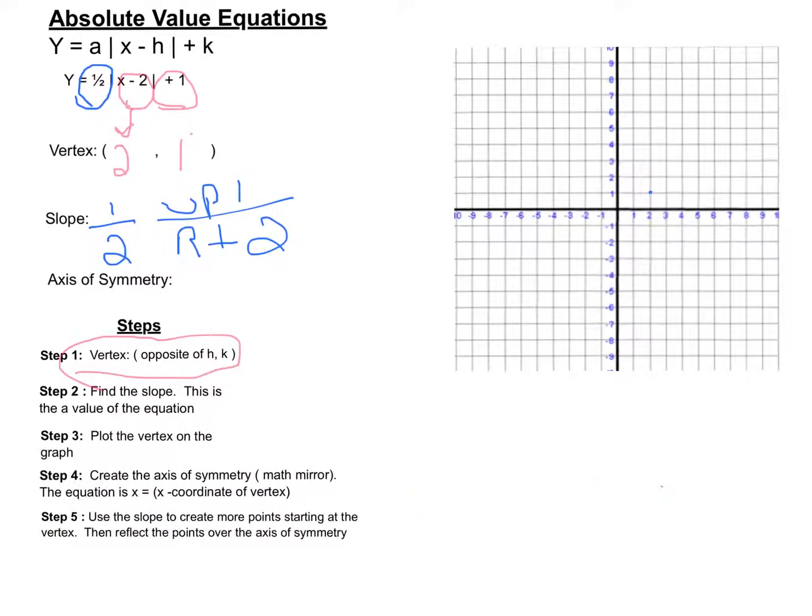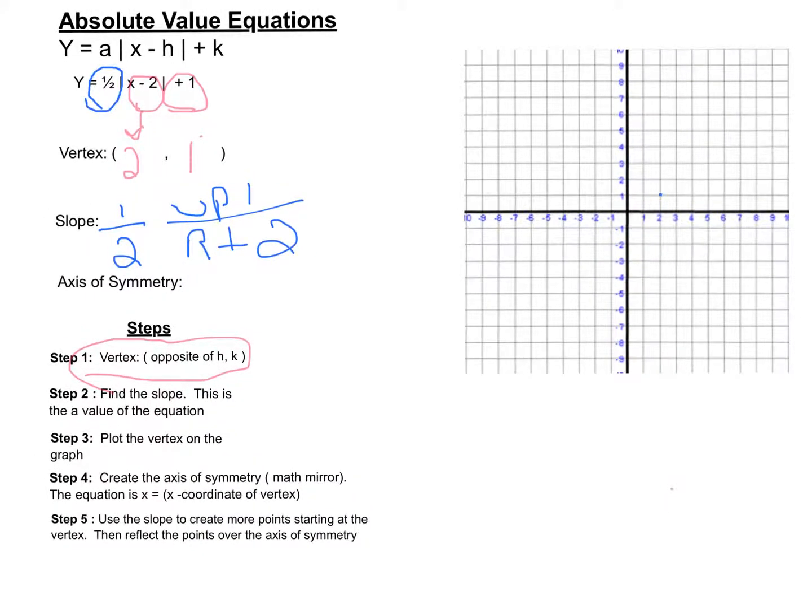Now, my next step in this process is to create the axis of symmetry, the mirror. Remember, this is created by the equation x equals whatever the x coordinate of the vertex is. Remember, folks, my coordinate was 2, so its x is 2.